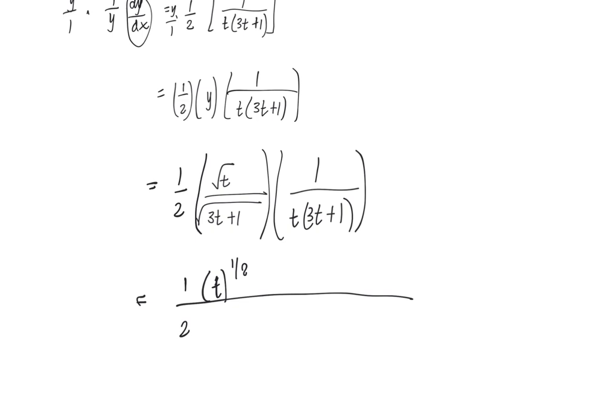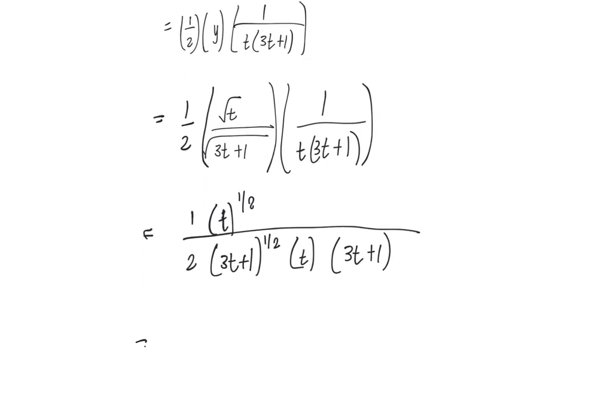I really don't technically need this 1 right here. But anyway, so I have a 2, and I'm going to call the 3t plus 1 to the half, times t times 3t plus 1.